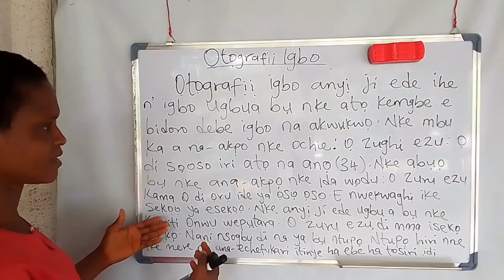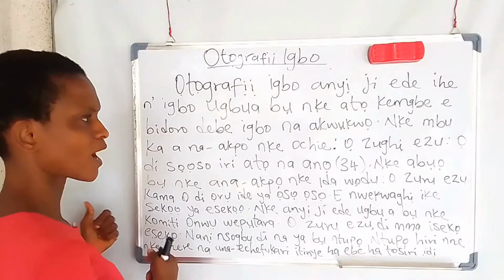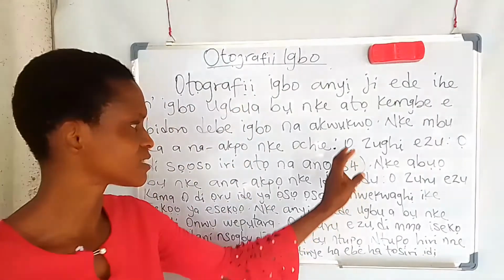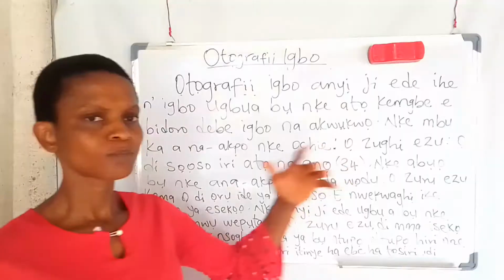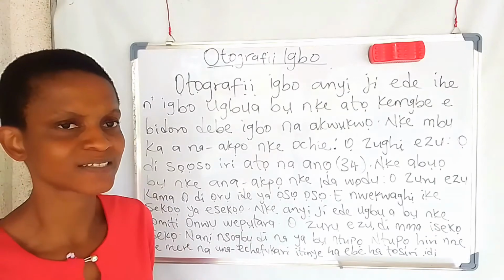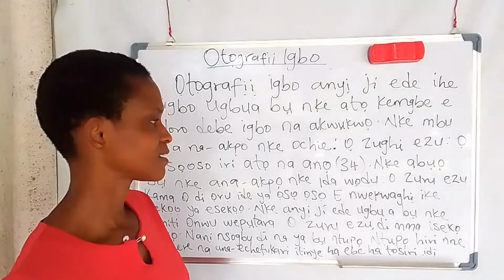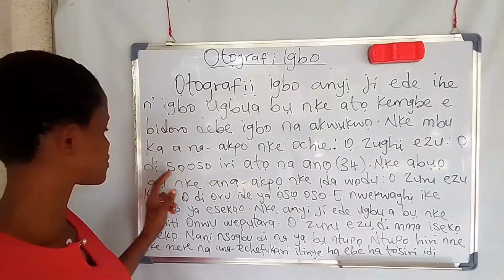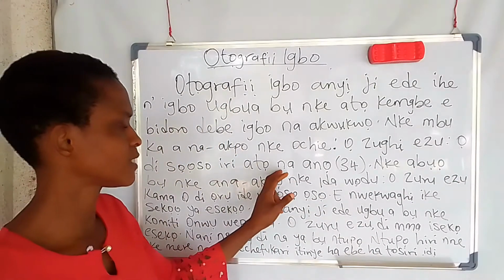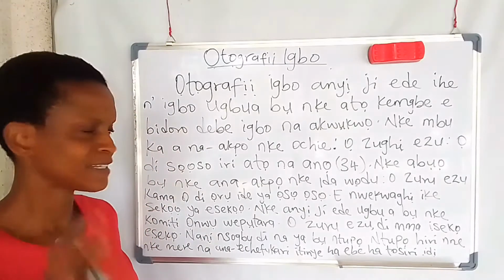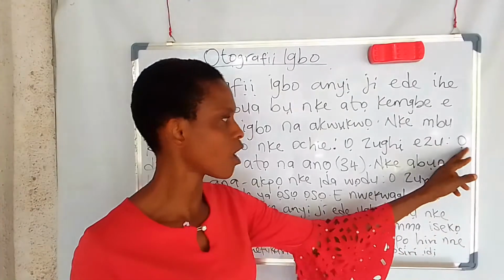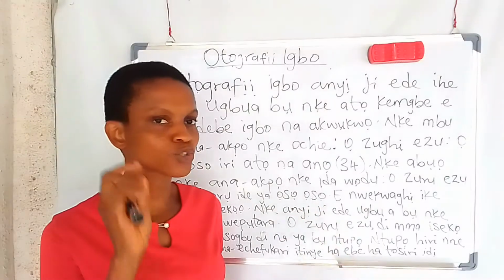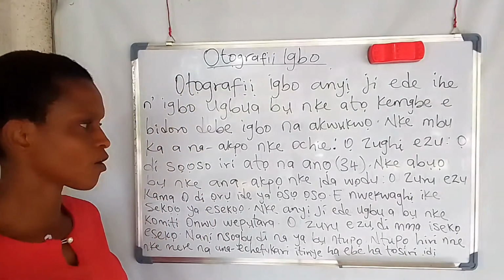One of the reasons is that the old one is incomplete. It is not complete. If you look at it, it stated that all the sources of iri ato na ano are only 34 in number. That is incomplete.